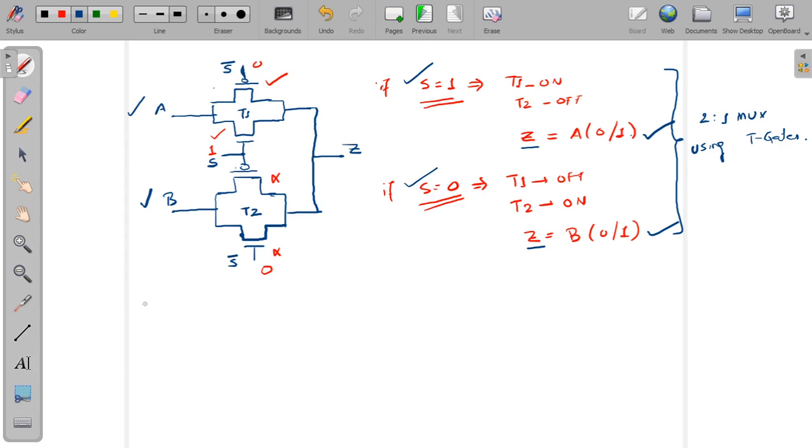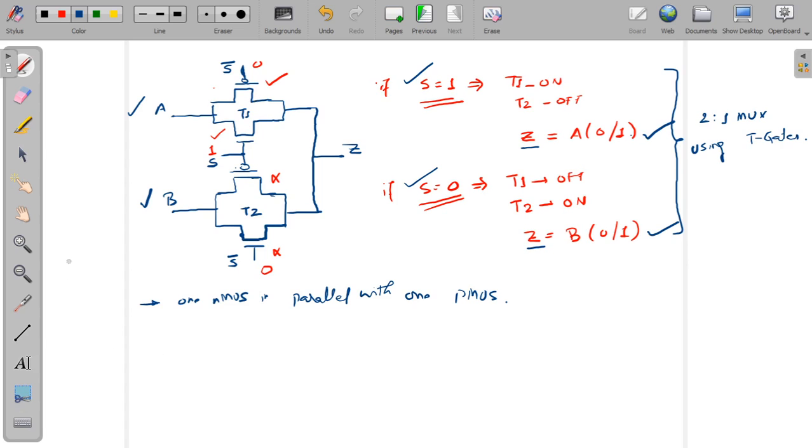The transmission gate is using one NMOS in parallel with one PMOS. I am talking about one transmission gate. So this upper part is one transmission gate T1, and this lower part is another transmission gate, that is T2. If you look at the structure of just one transmission gate, it will be a combination of one NMOS in parallel with one PMOS.